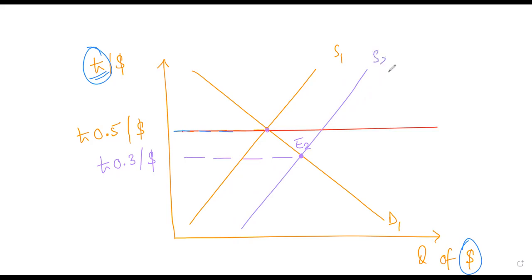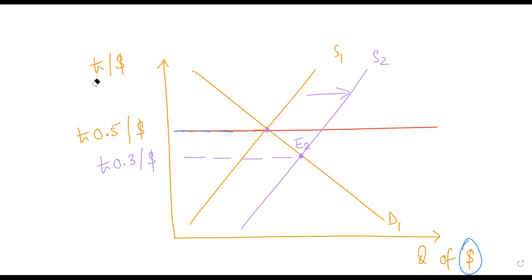So in a fixed exchange rate, we already know that the government wants to maintain a certain value. It's not like managed, where there are two limits between which you want to maintain. It's just one particular value that you want to always achieve. Now, let's assume this was the fixed value that the government of USA wanted to maintain, and for some reason the supply of dollars increased. That can be because of different reasons.